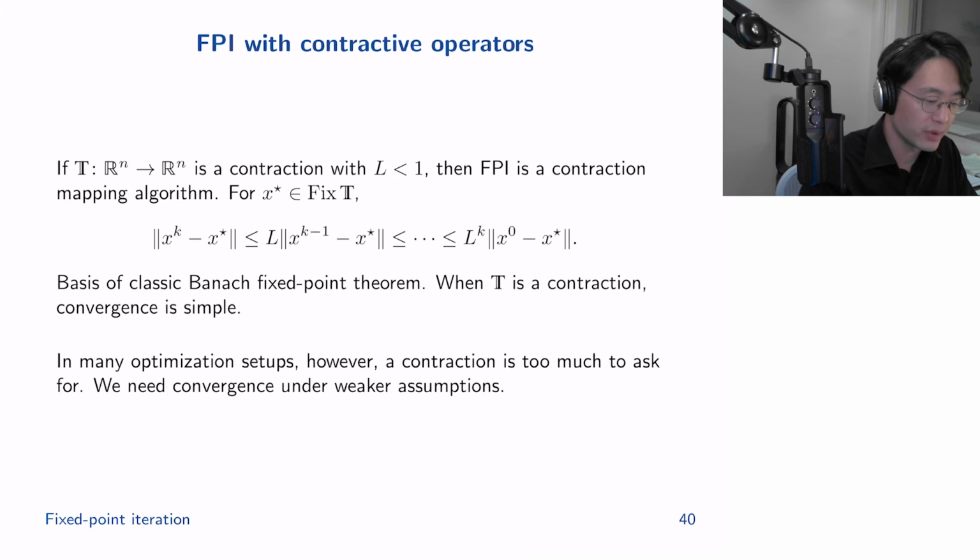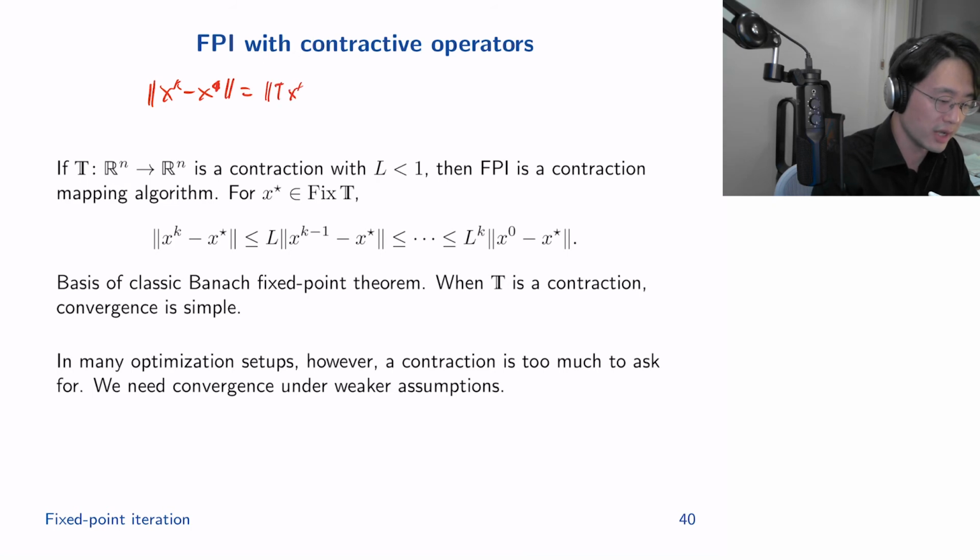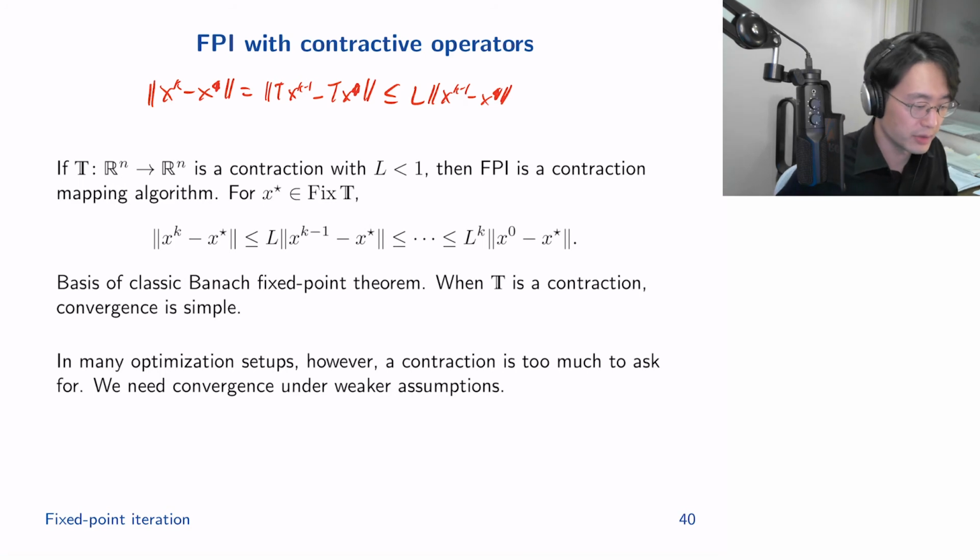Then for the fixed point x star, the distance from xk minus x star is by definition equal to T xk-1 minus T x star, because x star is a fixed point, so x star is equal to T x star, and this is less than or equal to L times xk-1 minus x star by contractiveness of the operator T.